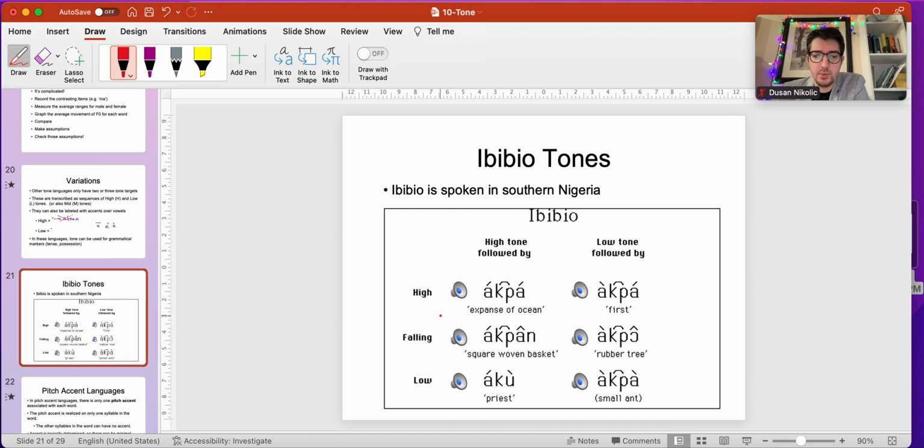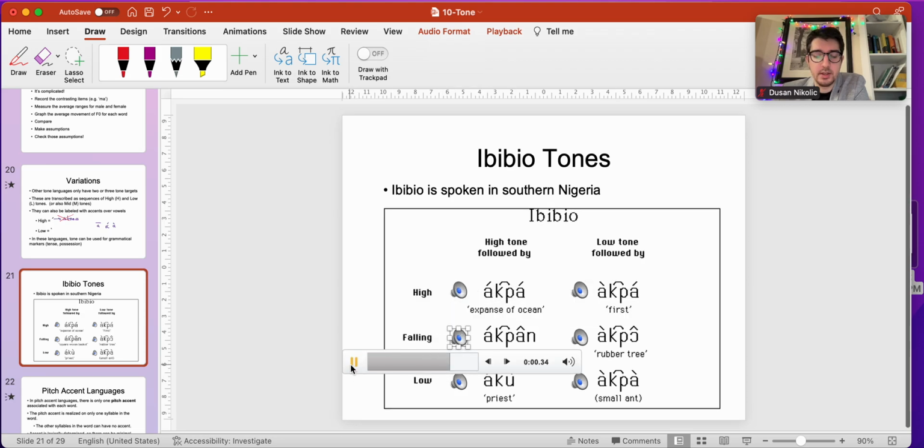Yeah, for this one, actually, let me see. Yes, this means the expanse of ocean. This is a high tone, and they have these velar openings. This one is falling.